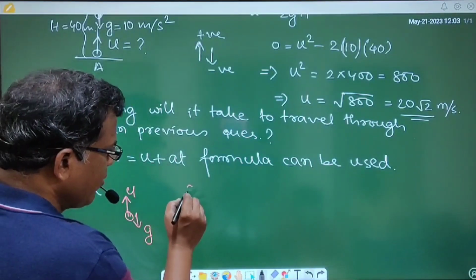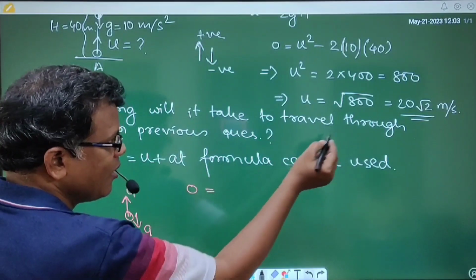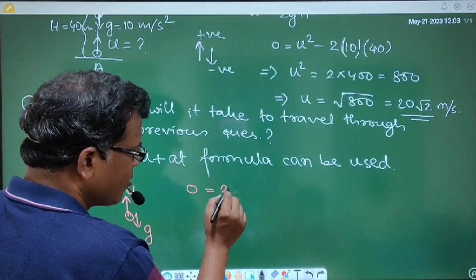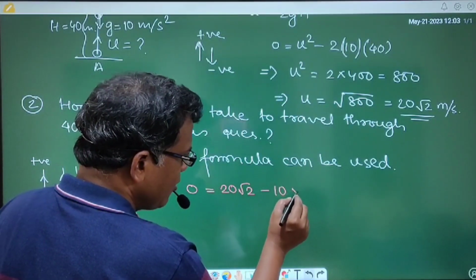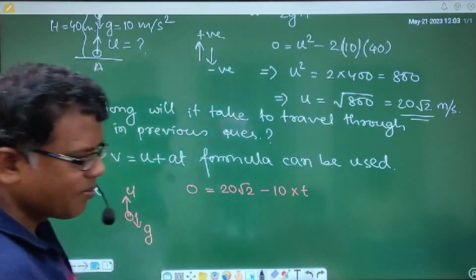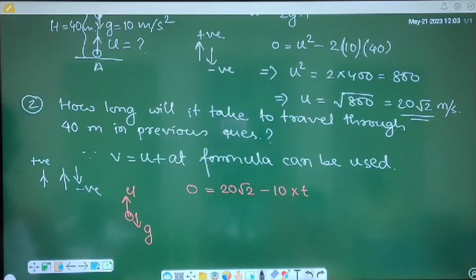So you know the final velocity 0, initial is u that we have already calculated as 20 root 2, minus g as 10 into time t, yes or no? Can we use the formula with the magnitudes and signs like this? Any confusion, any doubt? Fine.